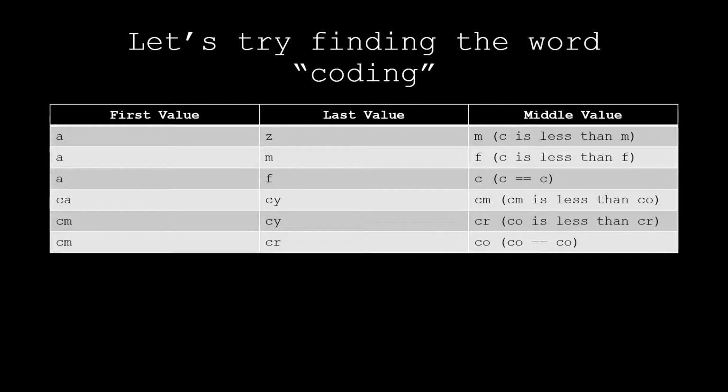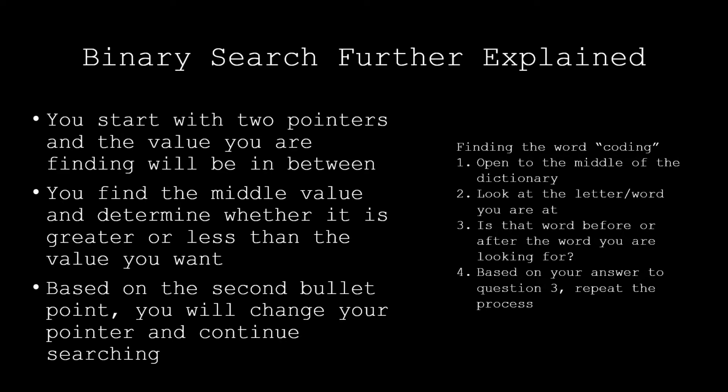And you know CO is less than CR, so you can ignore that second part and you move the last value to CR. So you search from CM to CR. And then in the middle of that, you get CO. And CO is equal to CO. And then you can just continue searching like that until you find coding.